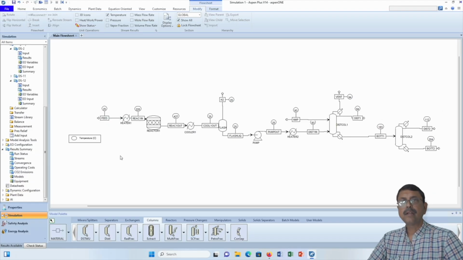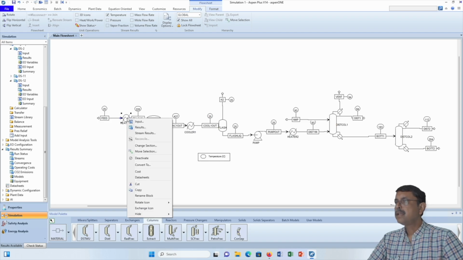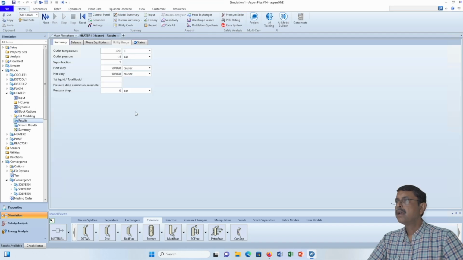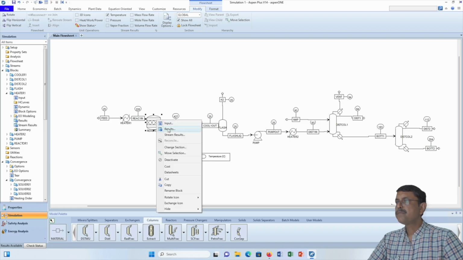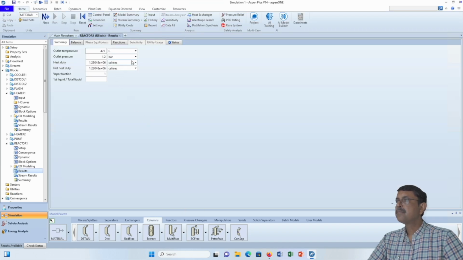So this is our total structure. So what is the heat duty? It is 2123 kilowatt, almost 2.1 megawatt. What is the heat duty of the reactor? This is also 5.1 megawatt.